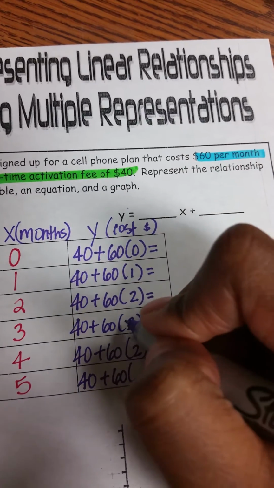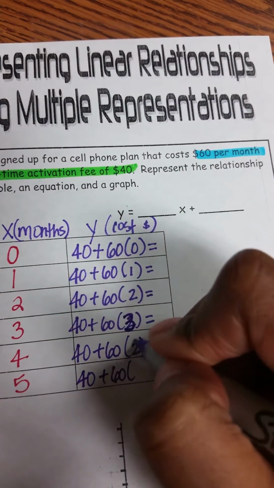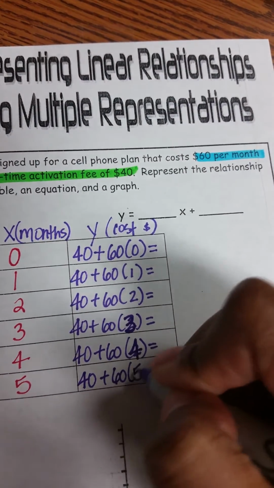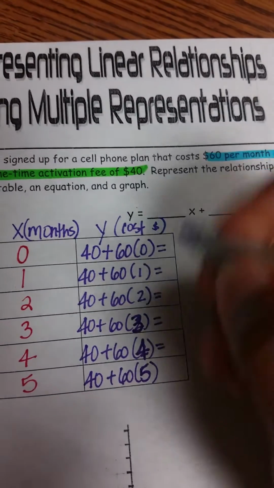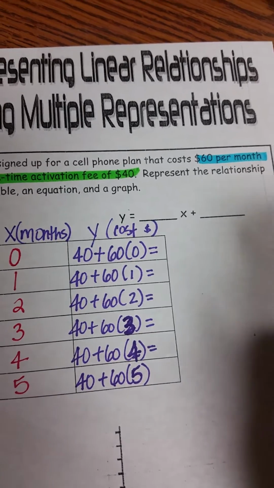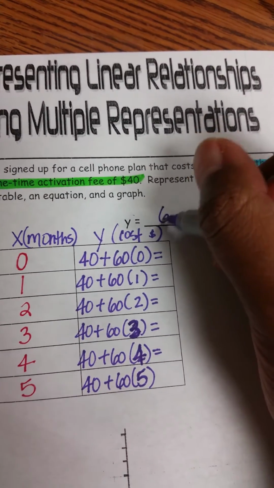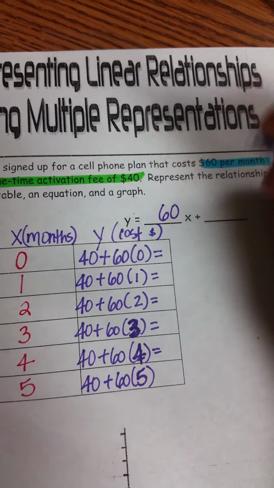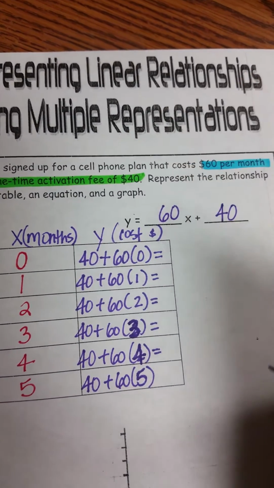Oh, excuse me, I just messed up. See, Miss Webster makes mistakes as well. I just went ahead and got too happy. Okay, sorry about that. So I know that my equation is 60 times however many months plus the $40 activation fee.